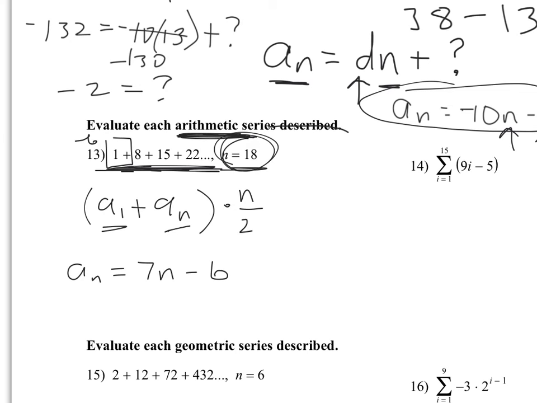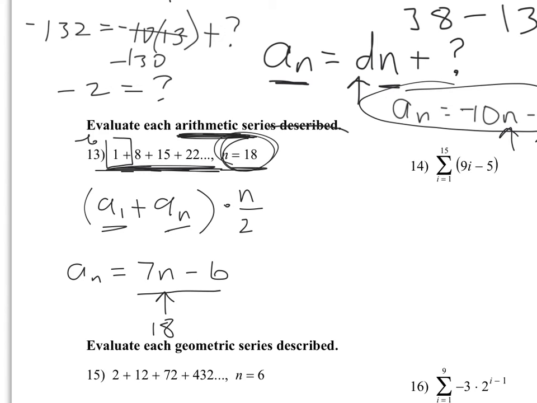If you add 7 to that negative 6, then you'd get 1, and then you get 8, and then you get 15. So this is the explicit formula. Now if we want the 18th term, you would plug an 18 in there for n. 18 times 7 is 126 minus 6 equals 120. So the 18th term is 120.